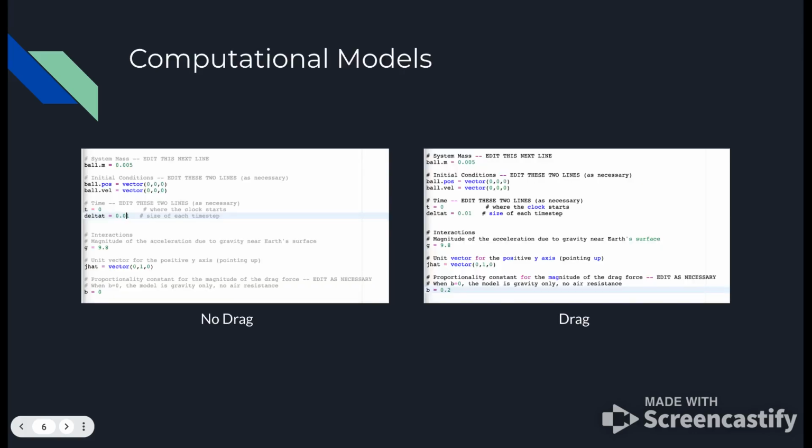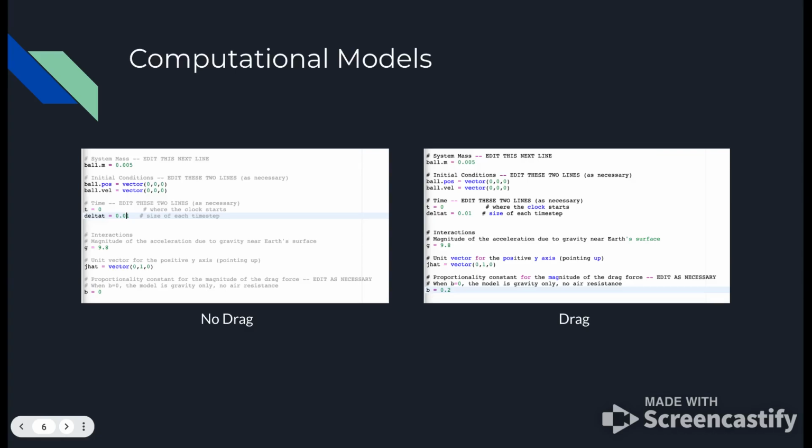And then, when it came to the computational models, on the left, this one considers just gravity, and on the right is the model that considers drag as well. For both of them, I put in the system mass of a standard piece of paper, which is 0.005 kilograms.